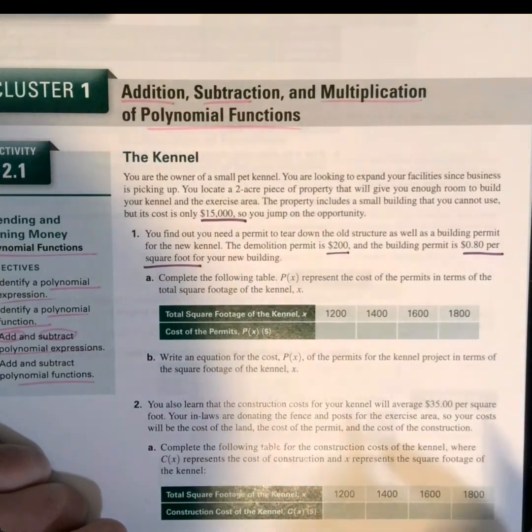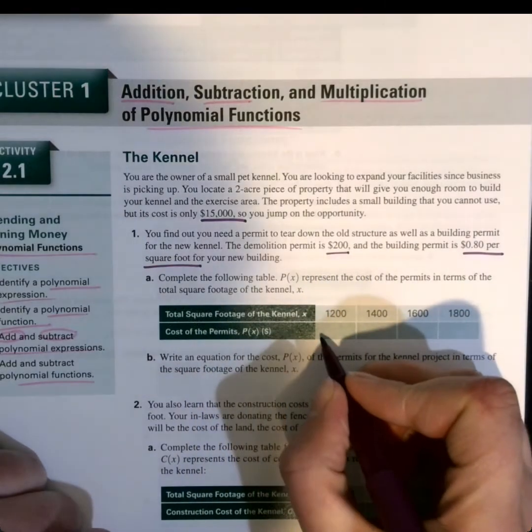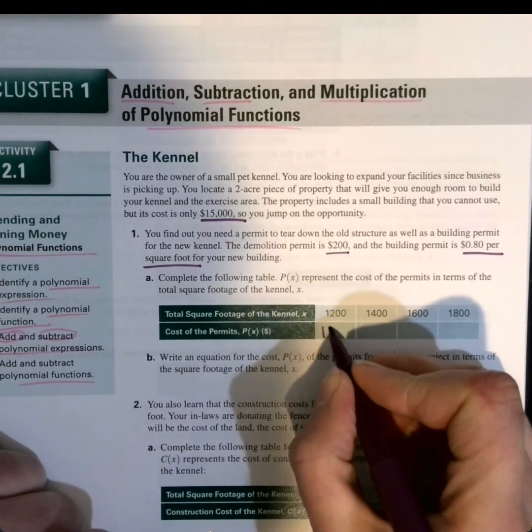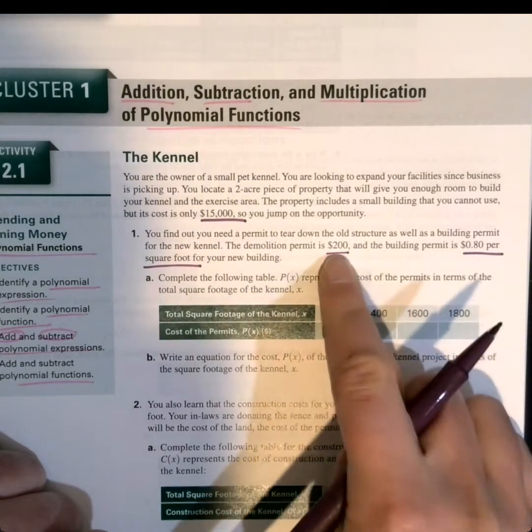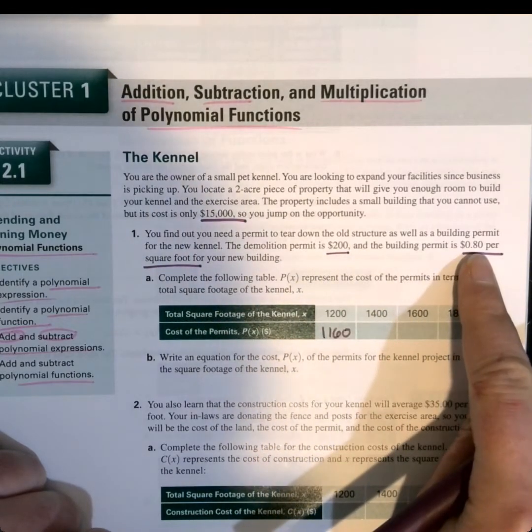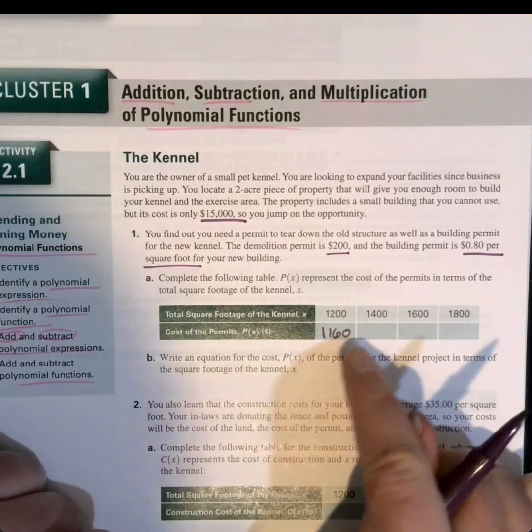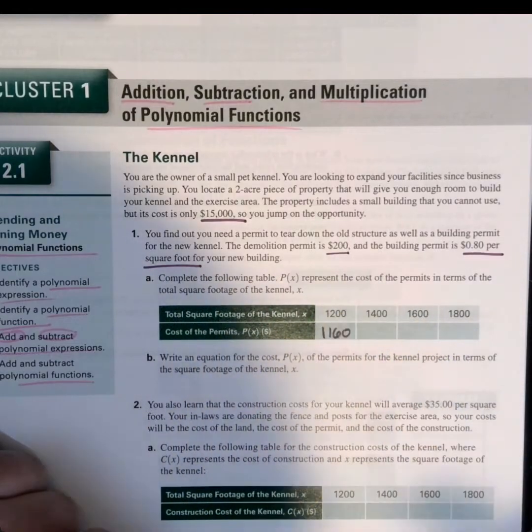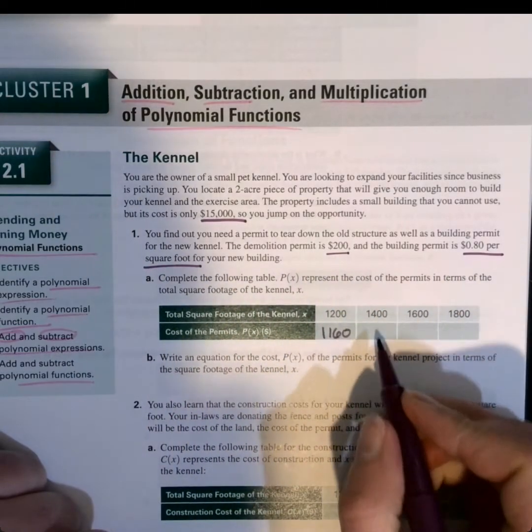So it should give me $1,160. So 200 plus 80 cents times 1,200 feet. And the same thing for the 1,400.